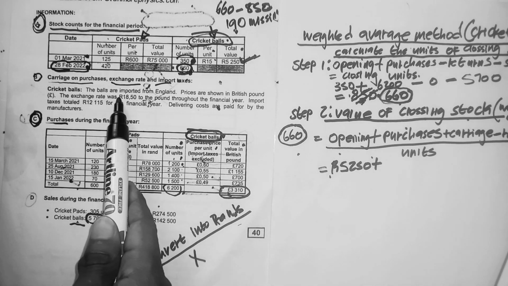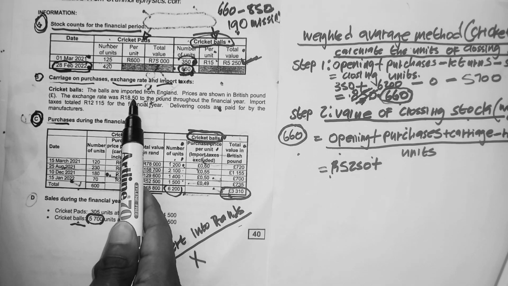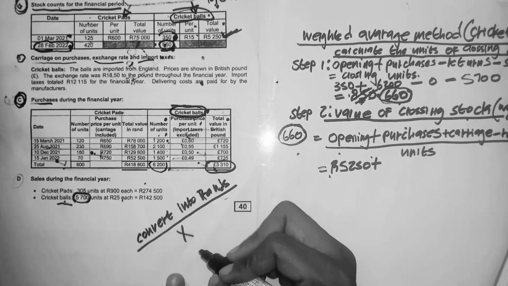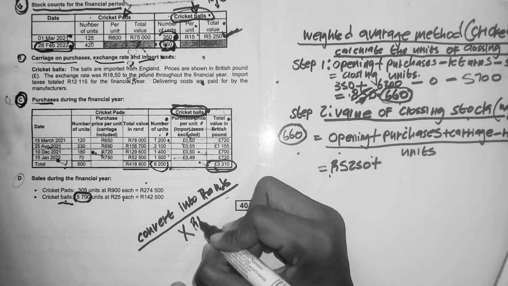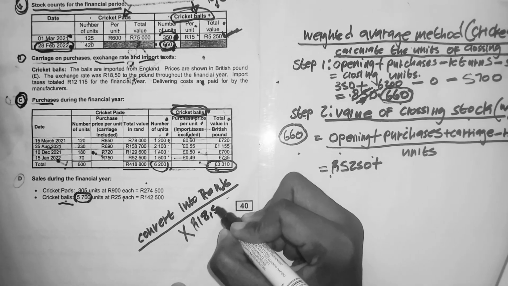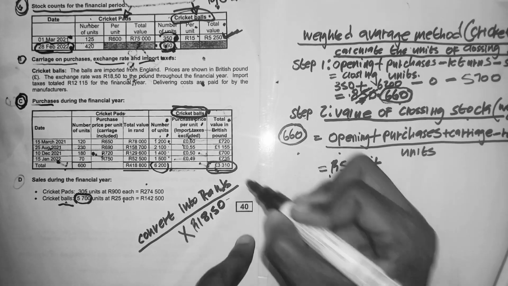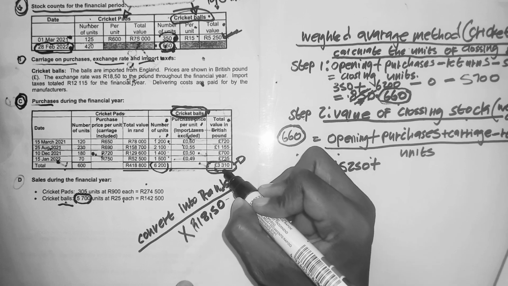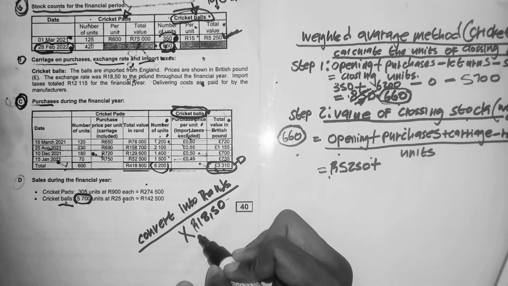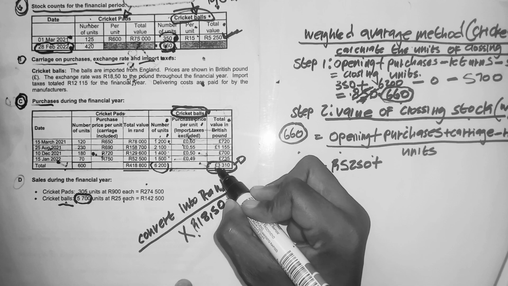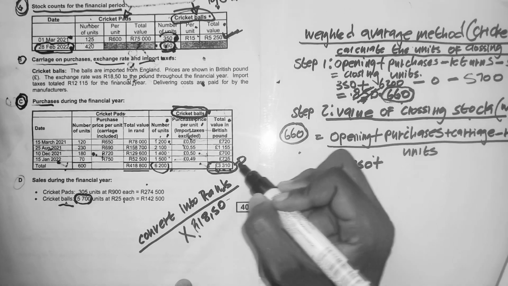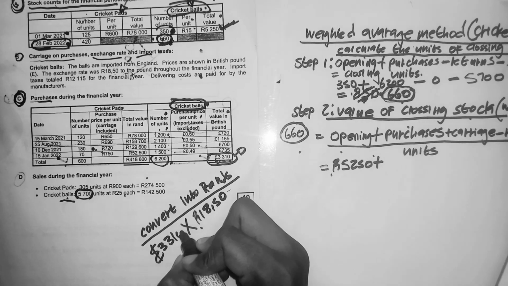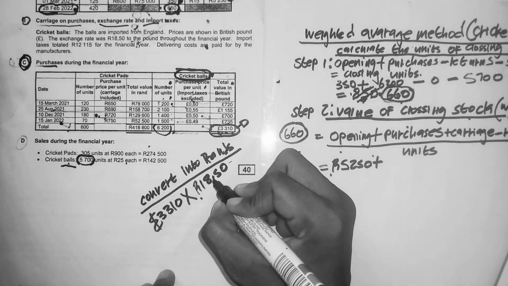The exchange rate was 18 Rand 50. So we're going to use the exchange rate. So to convert these pounds into rands, we take these pounds multiplied by the exchange rate. It's 3,310 pounds multiplied by the South African exchange rate.